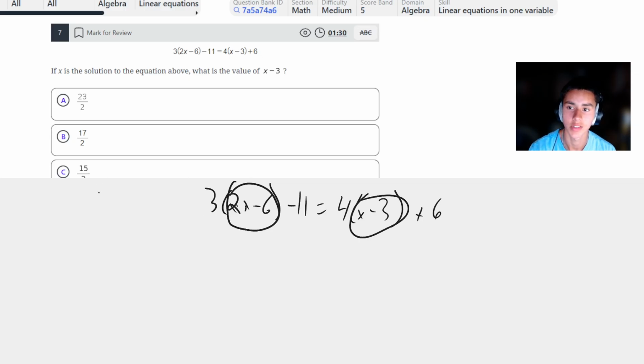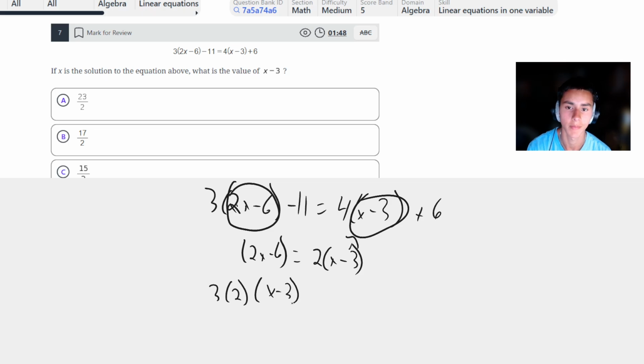So let's separate this: 2x minus 6. We can factor out a 2 here, and this would be the same exact thing as writing 2 times x minus 3, which is the same right here. So if we rewrite this equation, it would be 3 times 2, because we pulled out a 2, times x minus 3 minus 11 equals 4x minus 3 plus 6.